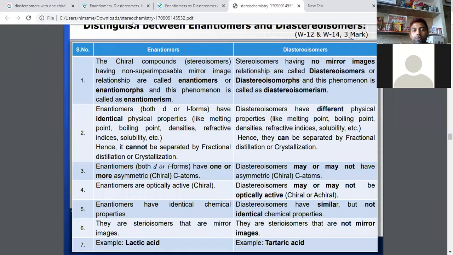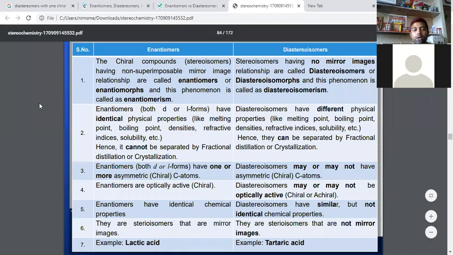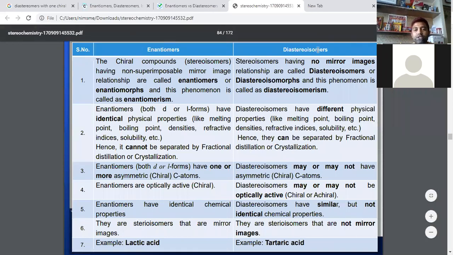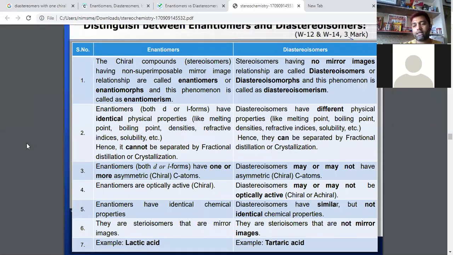You can WhatsApp me. Okay. Only 2 minutes are left, so we'll discuss the differences between enantiomers and diastereomers tomorrow.